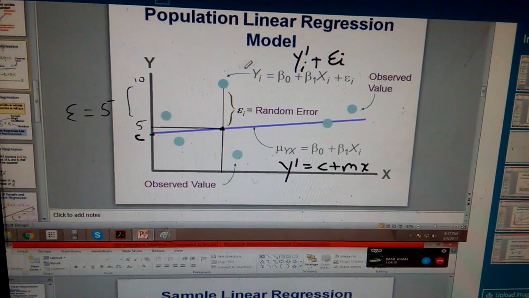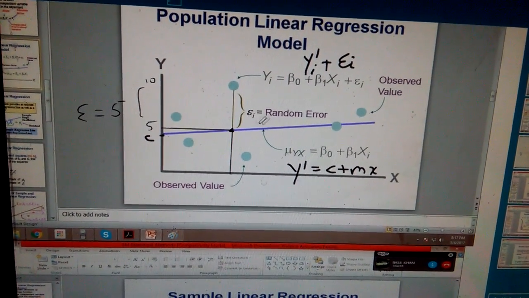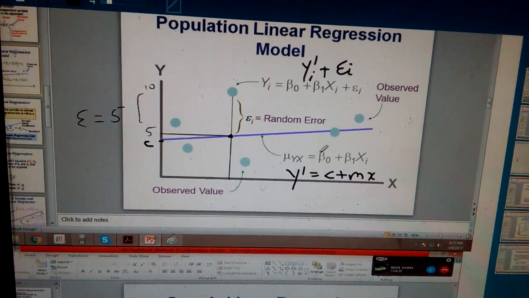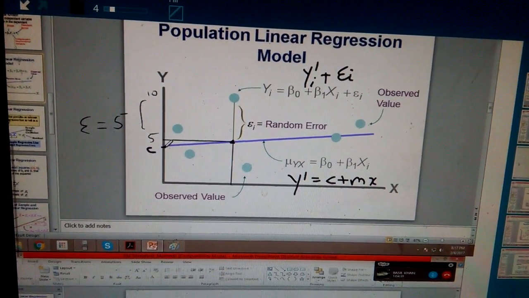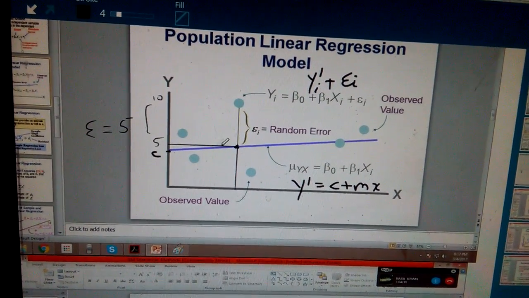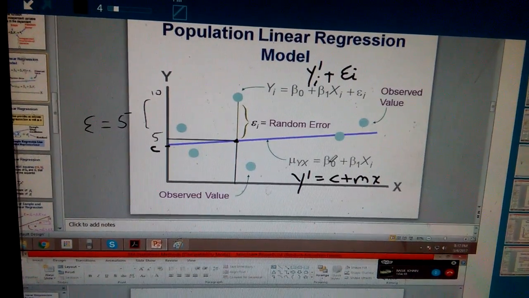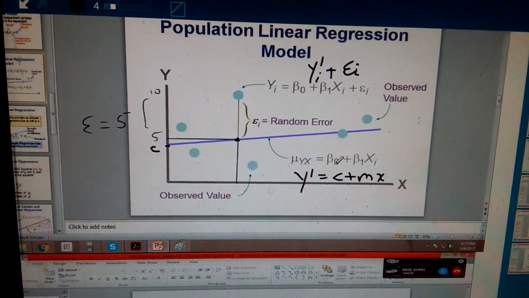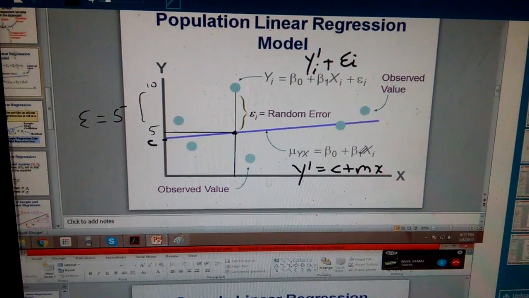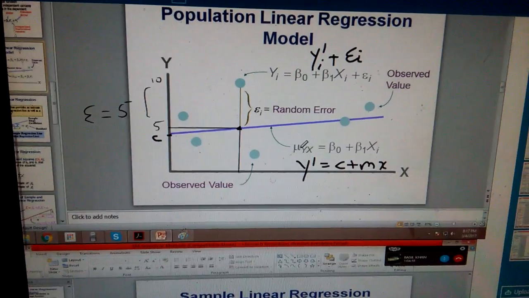We plot those sample values on the graph and obtain the line of best fit. We then obtain the y-intercept and the slope of that sample best fit line, and with the help of those values we estimate the best possible answer for beta naught and beta 1.